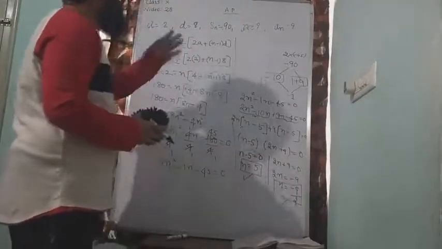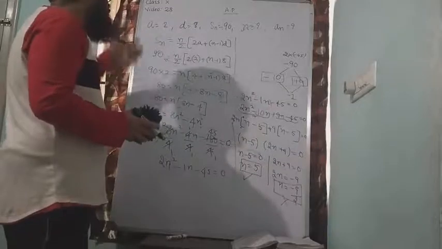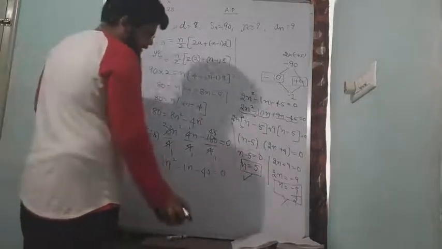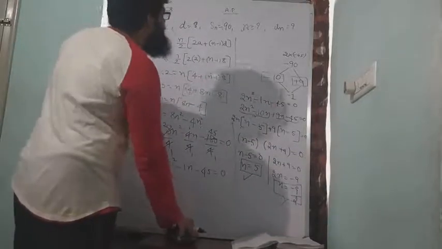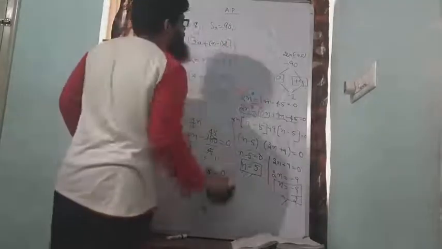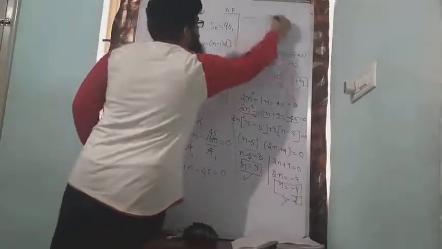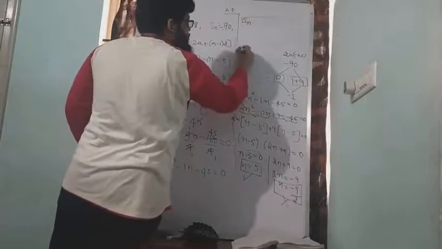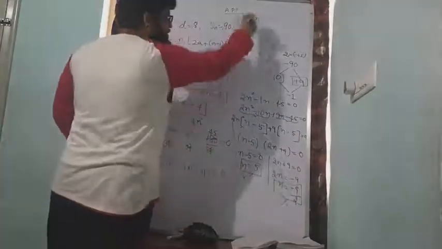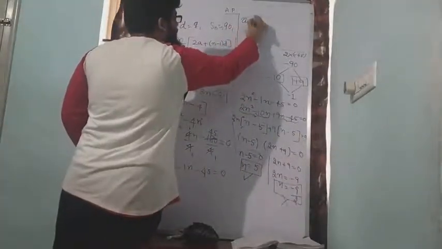After this is over, you should also find out an. So now to find out an, I think I'll make use of this space. So please be careful, after this it gets continued here, an, okay.